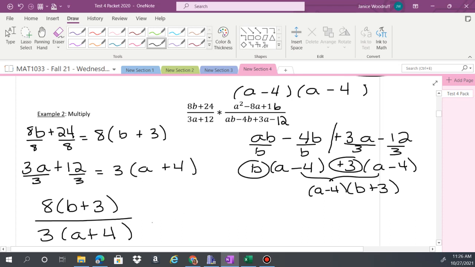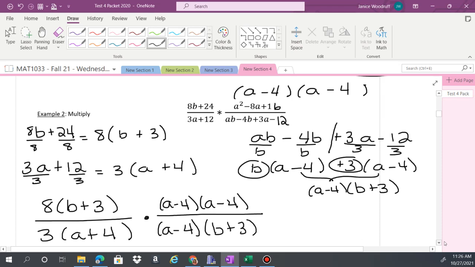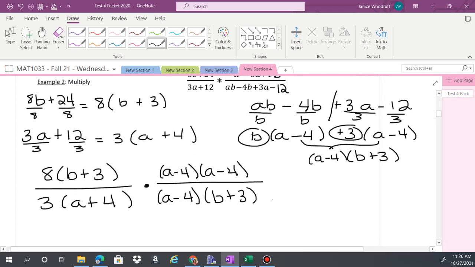Okay, so now let's write this down here. So this is my second term. So I have times, and I'm getting, that's very crooked. So the top I had A minus 4, A minus 4. And the bottom I had A minus 4, B plus 3. Okay, so I have everything factored.